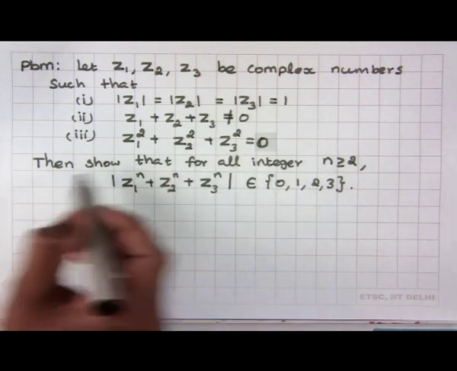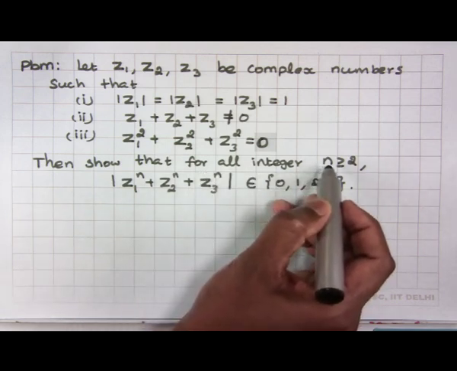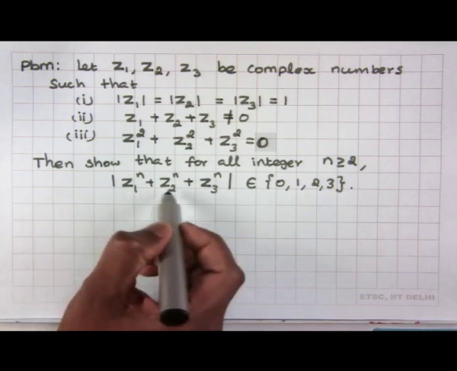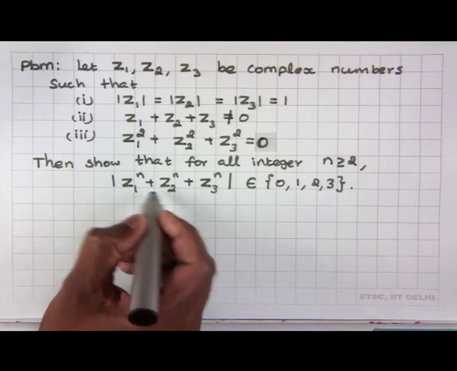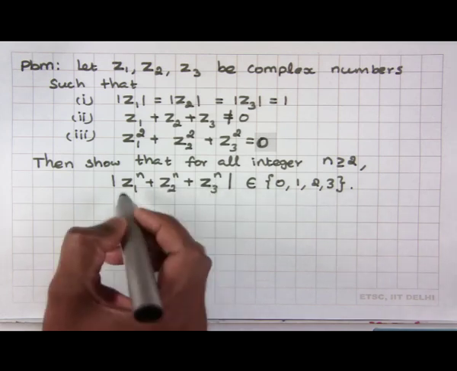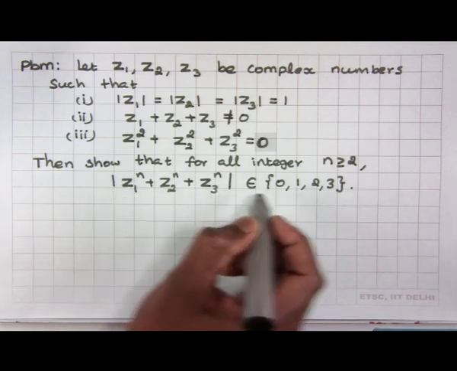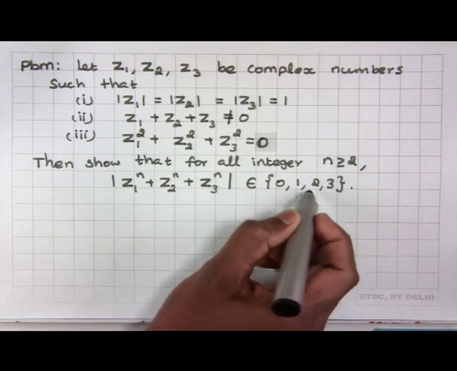Then we have to show that for any integer n greater than or equal to 2, consider the expression Z1 power n plus Z2 power n plus Z3 power n. Its magnitude will always be either 0 or 1 or 2 or 3.